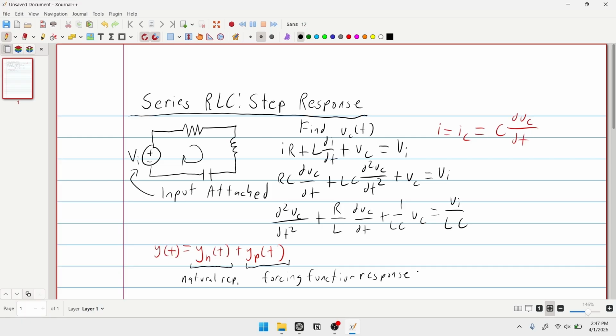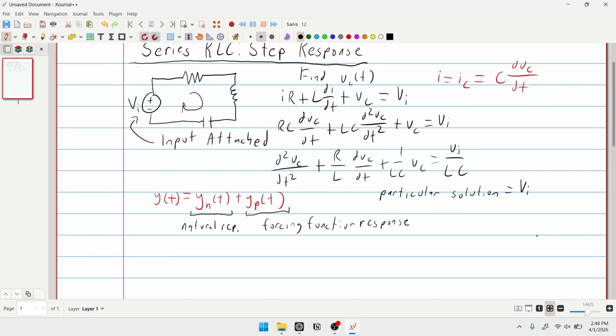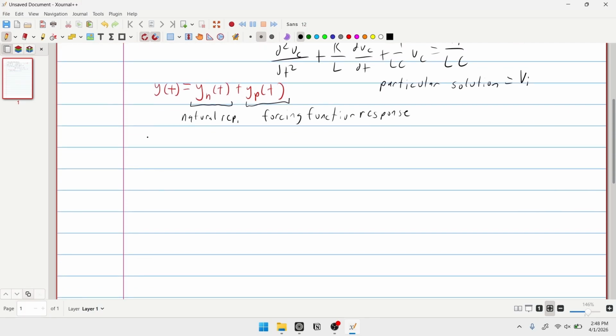As we saw in parallel, our particular solution equals Vi. You can go ahead and test out Vi, assuming Vi is constant, of course, and we'll see that Vi is in fact the solution for this differential equation. So we find that our Vc of t is equal to Vi plus our natural response form.